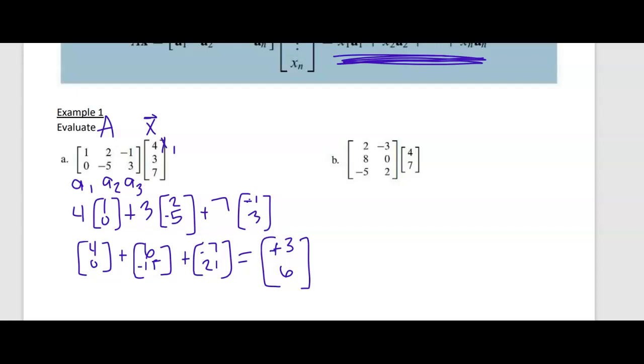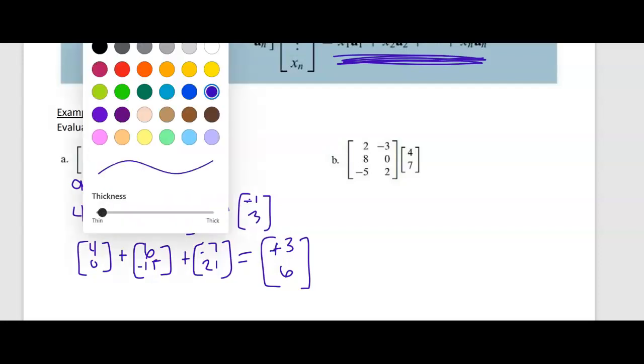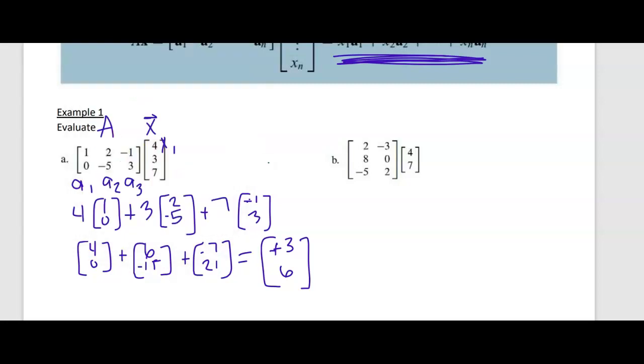All right, let's go ahead and look at B over here. I'll change colors so that way you can see the difference. So again, this is my A, this is my vector.